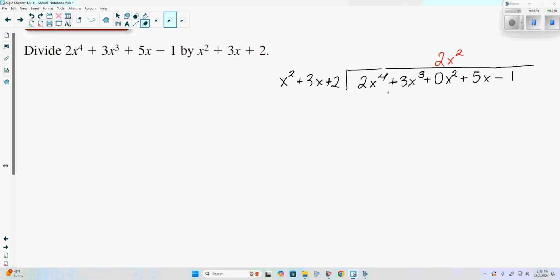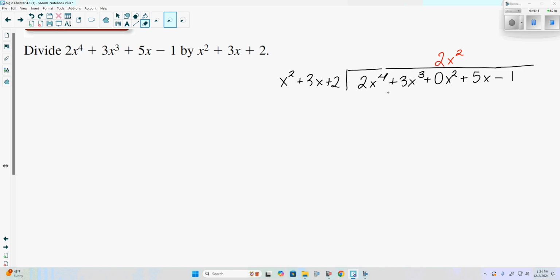Now this works as long as you do have all the terms inside our division, because we have our x to the fourth, x to the third, x squared, x, constant term, yes? How many terms do we have outside that division symbol? 3, yes? If I go over 3, so we have the fourth, third, squared is our third one, yes? So our first variable should be squared, yes?